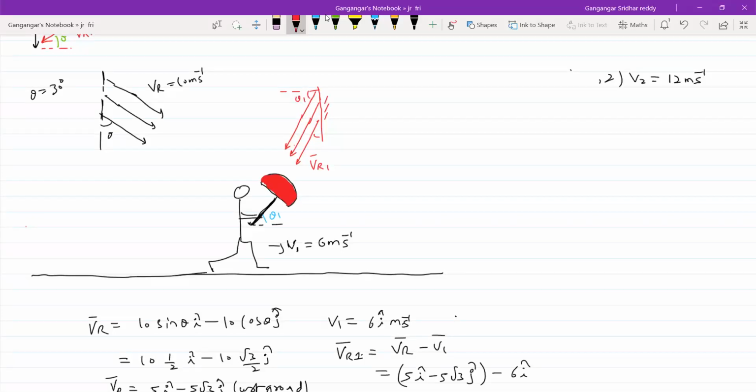Okay, all of you just make some good observation. The rest of everything you already know, basic maths. There's a direction of rain with respect to ground, and there's a direction of rain with respect to man.